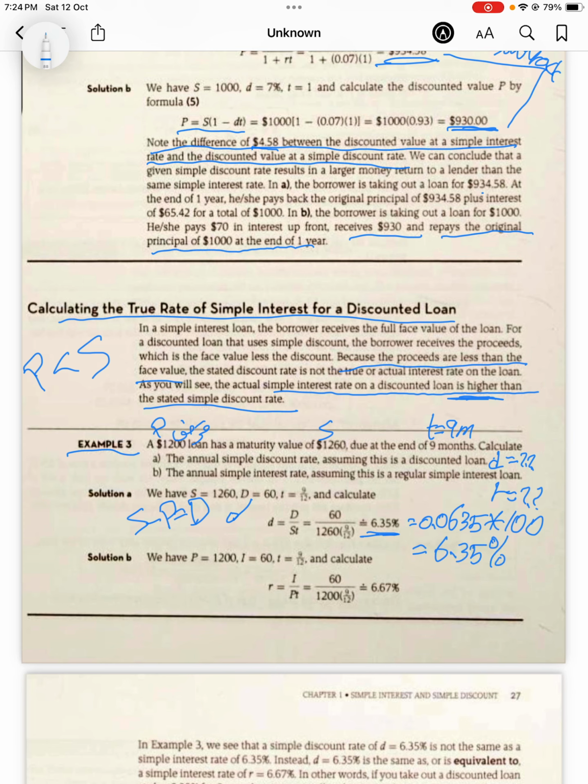We have B equal 1,200, I equal 60, T equal 9/12. Then calculate R equals I over BT. This is for memorizing. You will have 0.0667 multiplied by 100, which gives 6.67%.